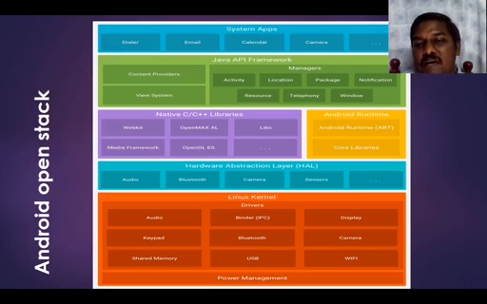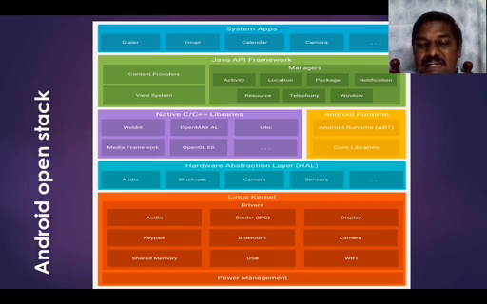It has ART, that is called Android runtime, and then core libraries. The core libraries contain various library files which are mandatory to execute any kind of Android operating system, that is any version of the Android operating systems.